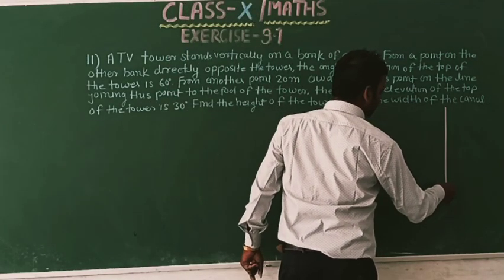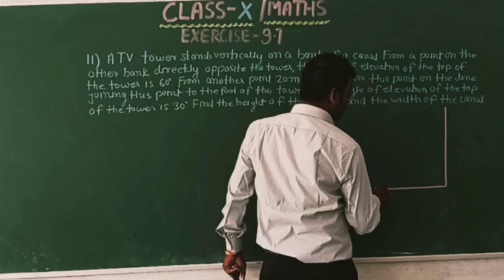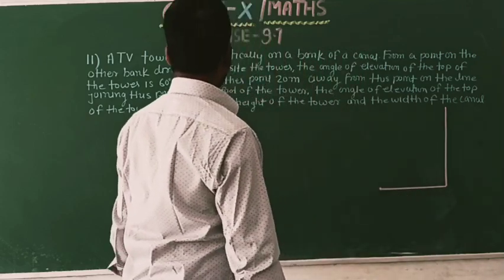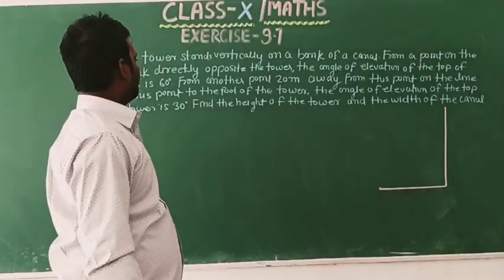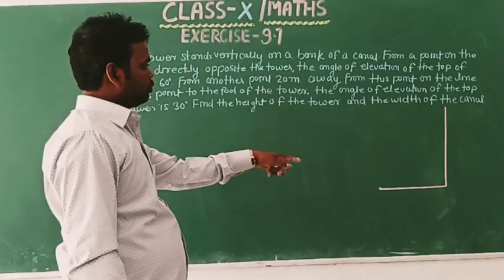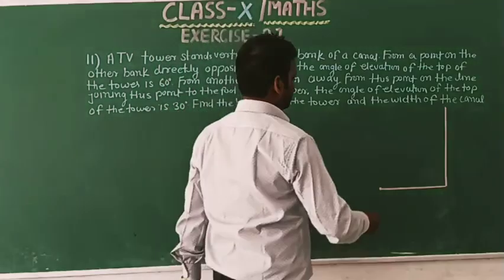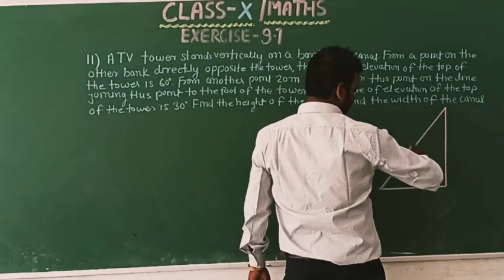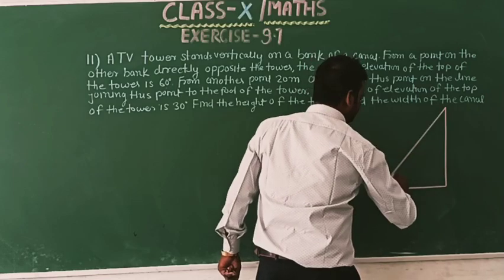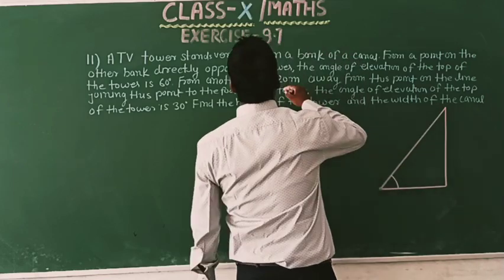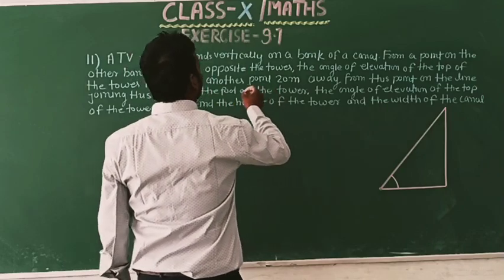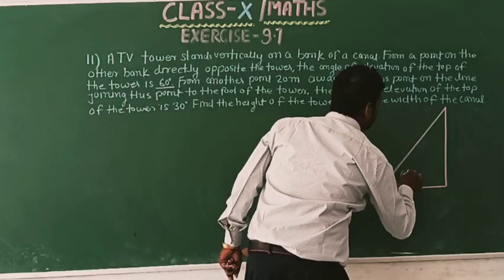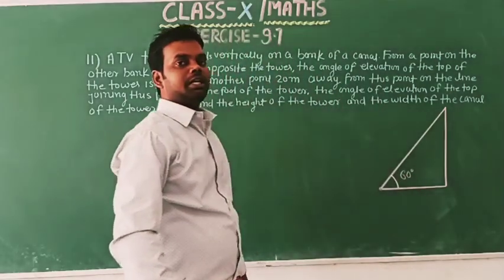So suppose this is a point on the other bank directly opposite to the TV tower. The angle of elevation of the top of the tower is given as 60 degree.